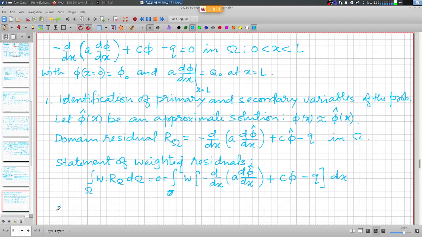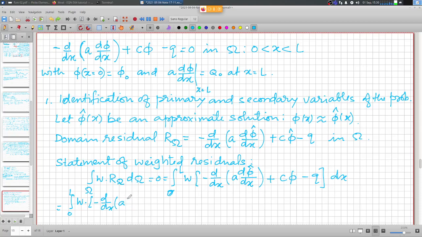So I can do further analysis, and that becomes the integral from 0 to L of w multiplied by minus d over dx of a.